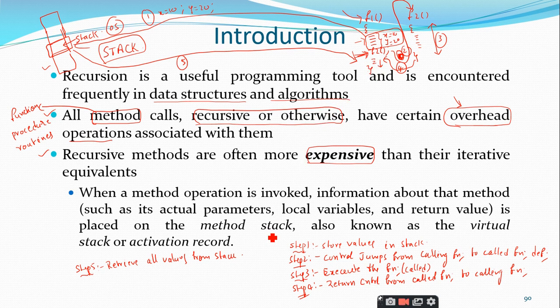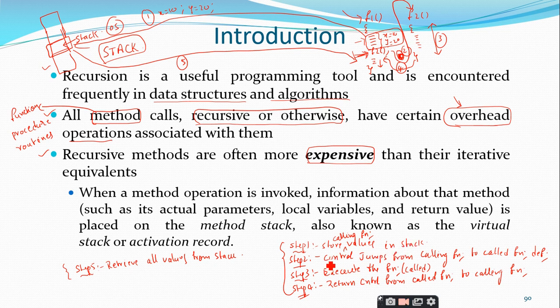So if you observe what happens during a function call, all these 5 steps will happen. Very, very important. Initially it will store the values in the stack. What values? The calling function values, calculated up to the function call.